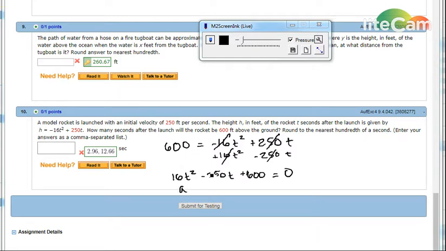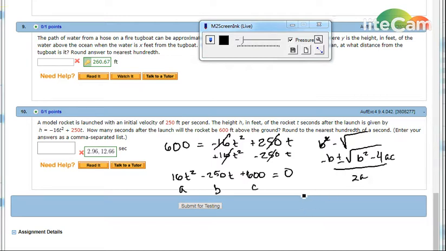So let's set a equal to 16, b is equal to negative 250, and c is 600. The quadratic formula is negative b plus or minus the square root of b squared minus 4ac, all over 2a.